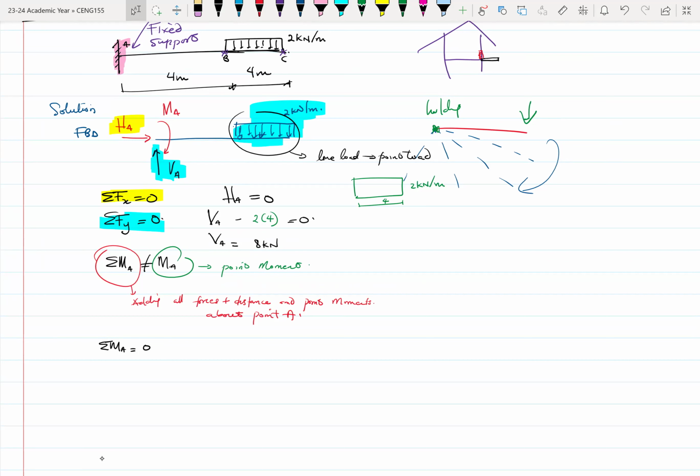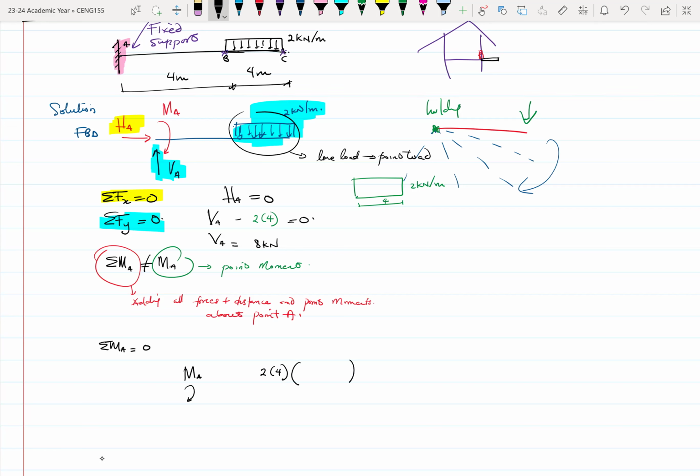So distance will not have any influence on it. Okay. So that when it comes to moment, there'll be a point moment MA, which is acting clockwise. Then there'll also be the moment due to the UDL. Again, the load of the UDL is 2 times 4.